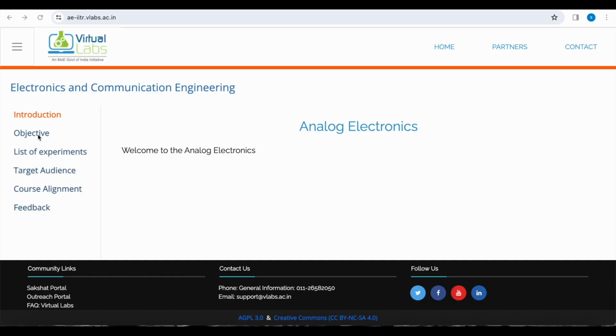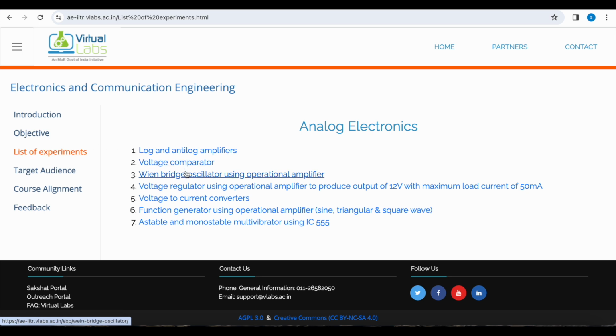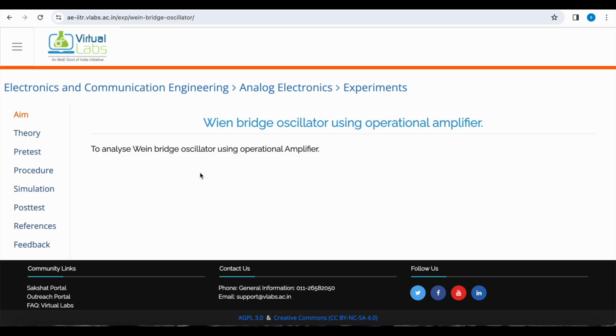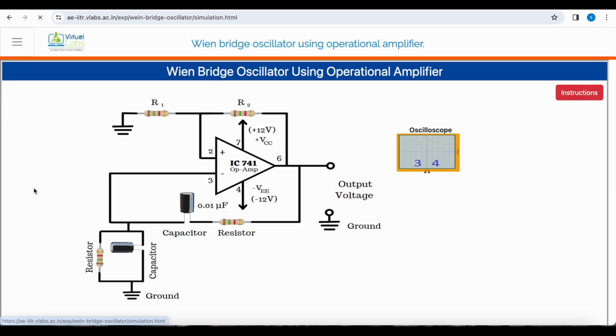Let's do the experiment on virtual lab. This is Electronics Communication Engineering lab. Clicking on list of experiments gives us all the experiments, and we'll go to Wein bridge oscillator experiment here because it is an RC oscillator. And the page here shows the theory, procedure and simulation. We'll go to simulation, and this shows the Wein bridge oscillator circuit using operational amplifier.